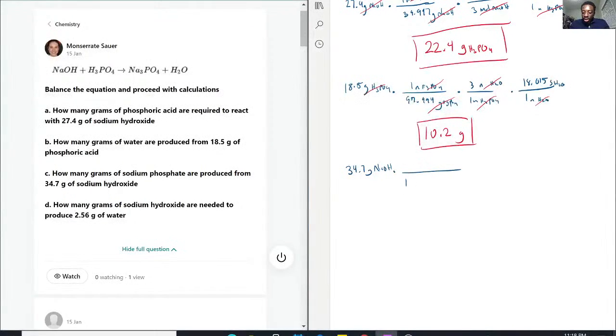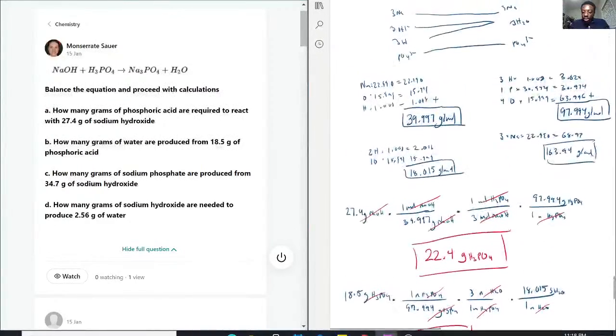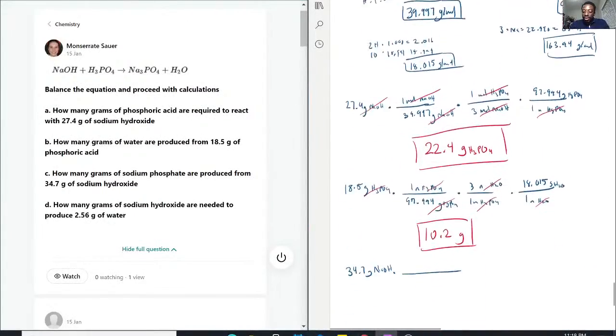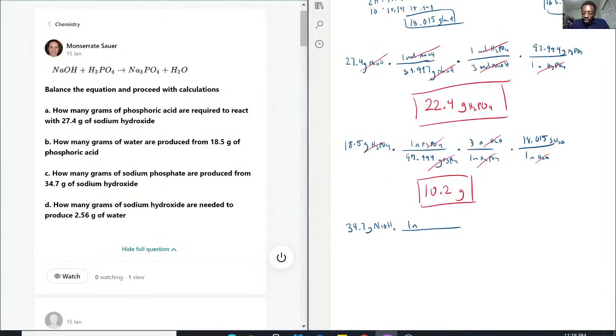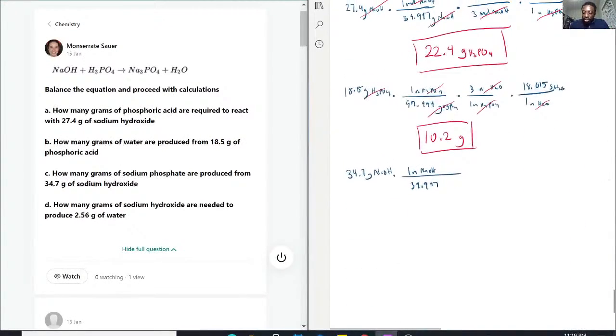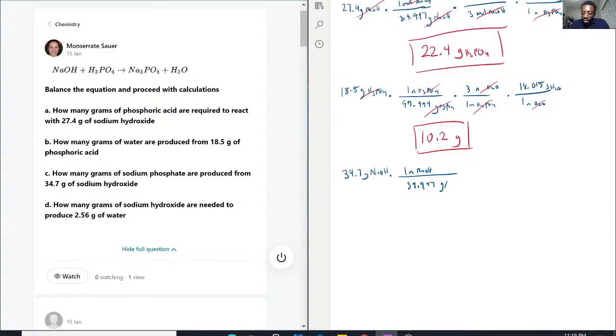Same thing again. Based on this, 39.997 grams. So that's 1 mole of NaOH is 39.997 grams of NaOH.